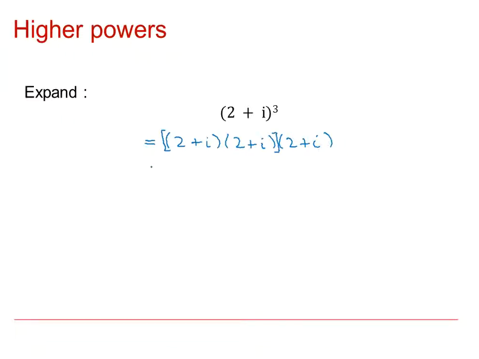So I'm going to just expand the first 2. So I've got 2 2s are 4. I've got i times 2 is plus 2i. I've got another i times 2, so that's plus another 2i. And then there is i times i squared.